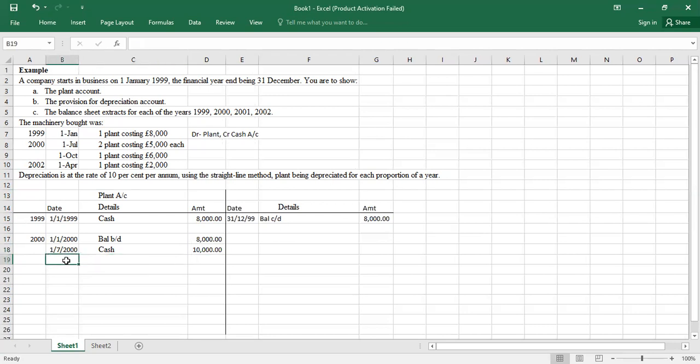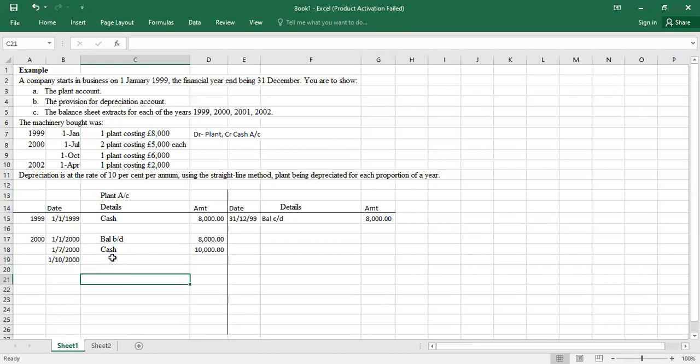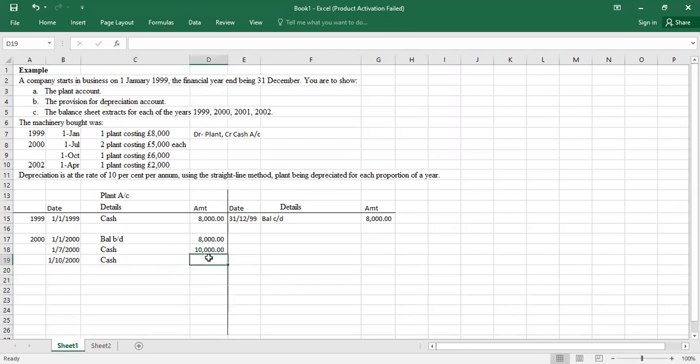Then, same year, 1st October, I'm acquiring another machine. Again, I'll assume I paid cash for purposes of documentation, and the machine is going for 6,000, right?